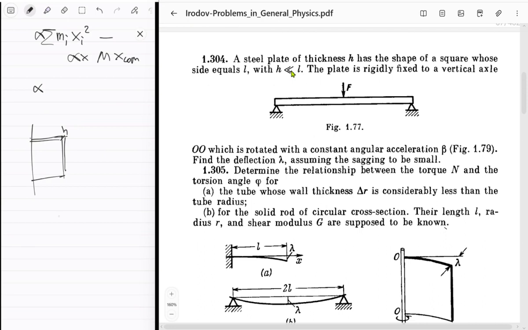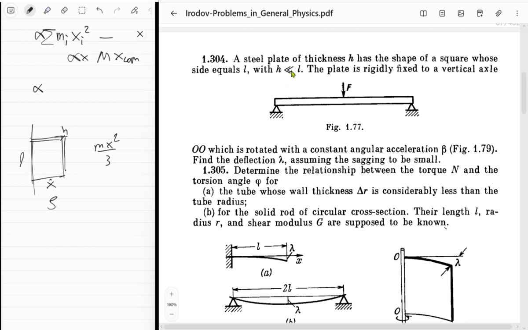But m is just what? M is the density times the volume. This thing is L, this thing is H, and what about this thing? Let's call it x, and this is H, and this is L. So we should have m x squared upon 3.